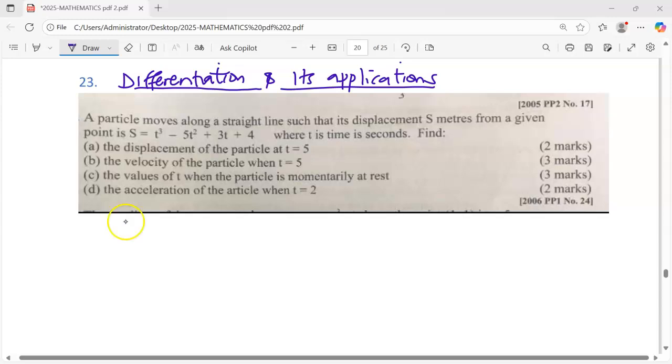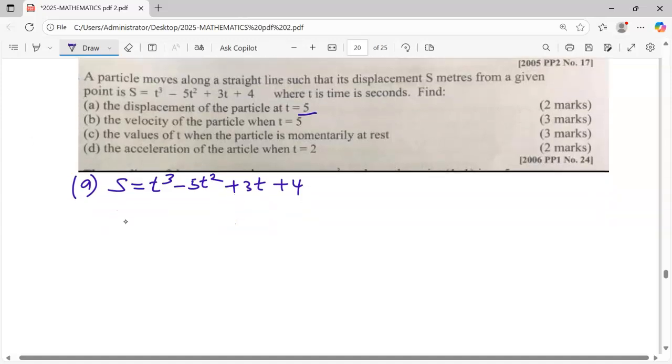In this case, the displacement function, which is part A, is given by s equals t cubed minus 5t squared plus 3t plus 4. And we have been told to find the displacement of the particle at t equals 5.